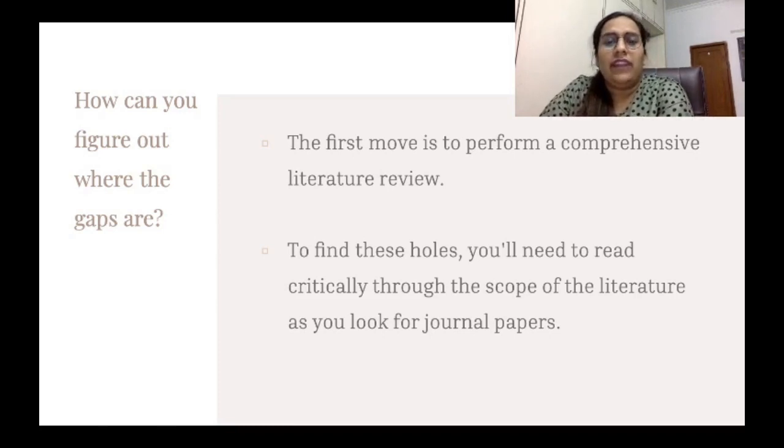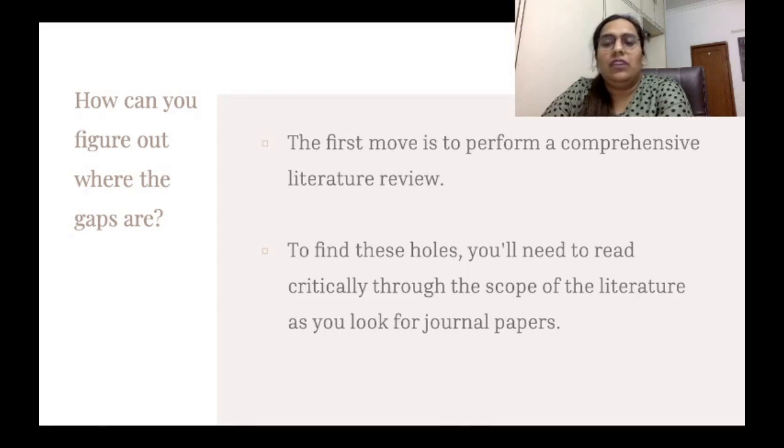To find these holes, you need to read critically and through the scope of the literature, and look for journal papers. Good journal papers will give you a proper and inclusive idea about how that person has done that study, what the future implications of that study are, and what future predictions can be made for further investigations.